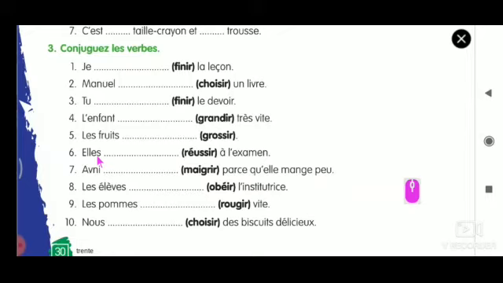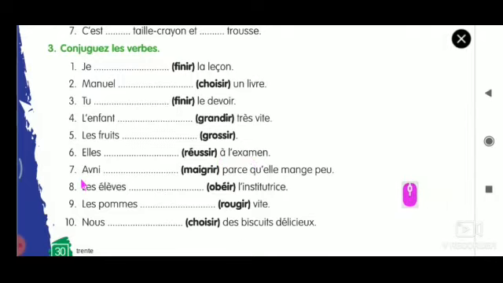For third person plural, the ending is SSENT. So which one is the radical? R, E accent, U, S, S, I is the radical. So take out the R and add SSENT to the verb. So elles réussissent à l'examen.